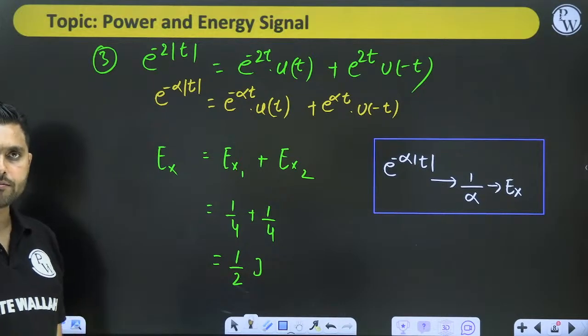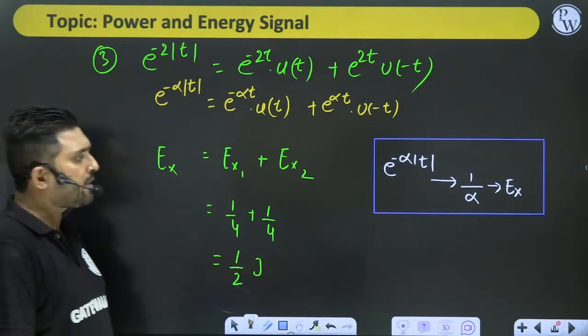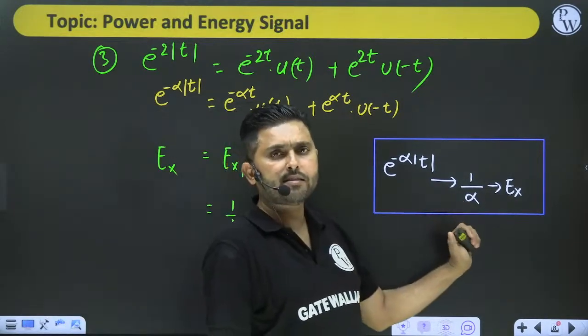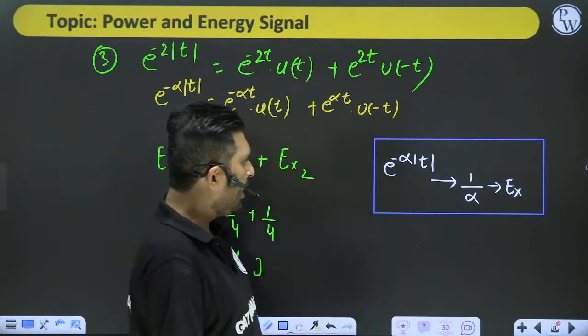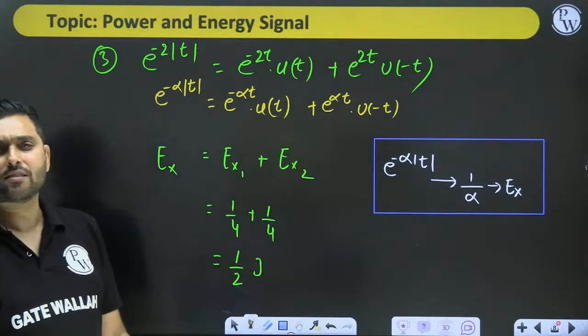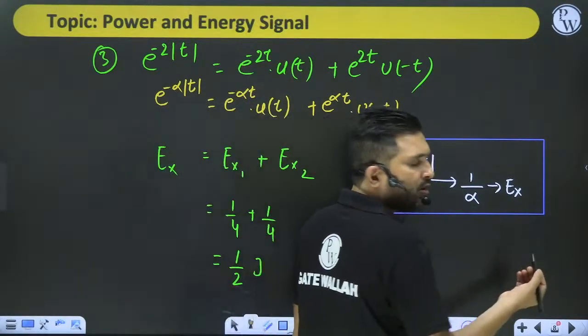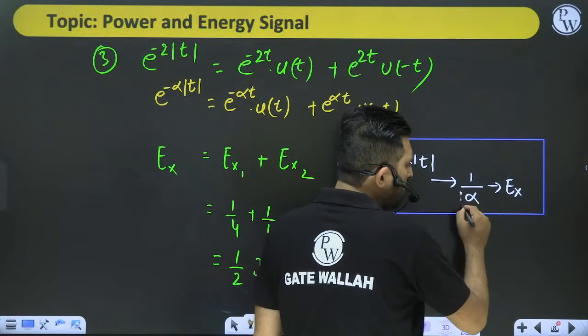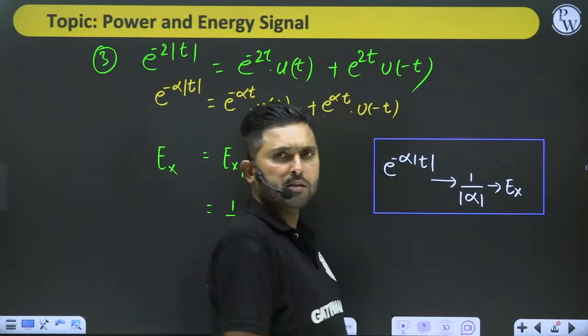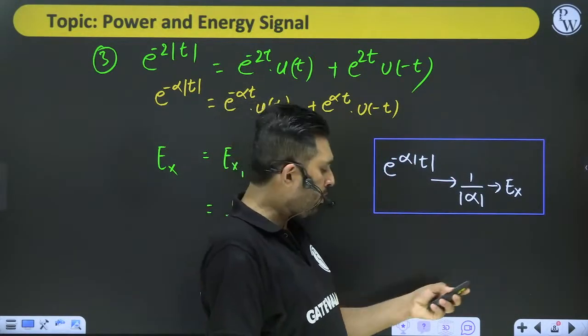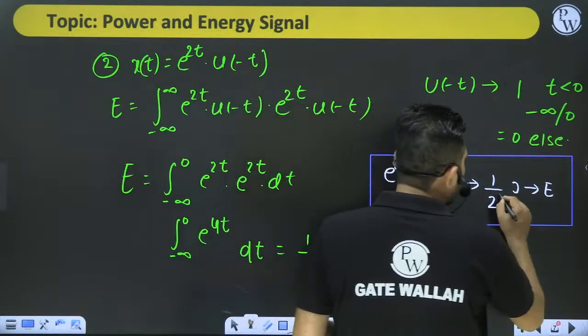This is the case. This is what the energy of this function is, and hence it is 1 by alpha joule. Energy is always positive, so you may use a mod on this one. You may use 1 by mod alpha, or let's say 1 by 2 mod alpha.